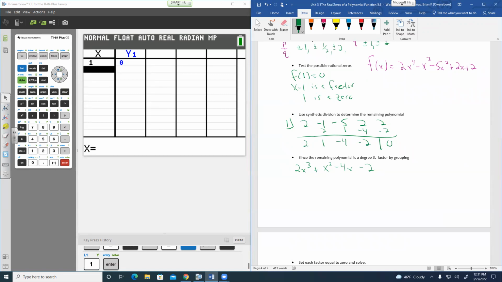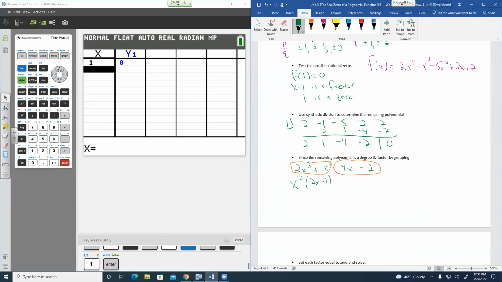Okay. So again, in factoring by grouping, I'm going to group the first 2 together, the second 2 together, and see what we can do here. So the GCF of the first 2 is an x squared. So pull out an x squared, and I'm left with a 2x plus 1.